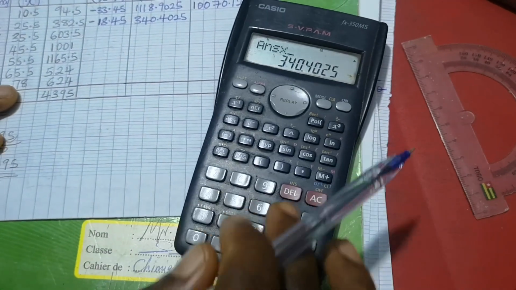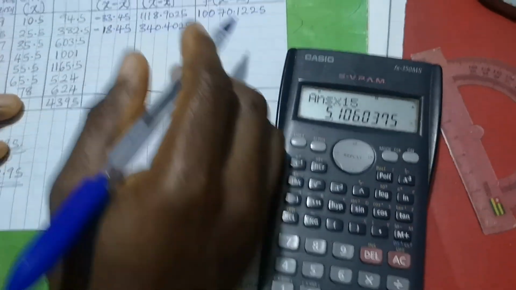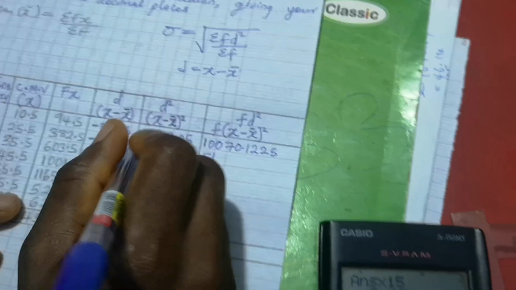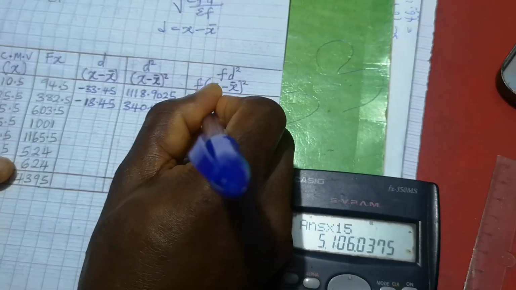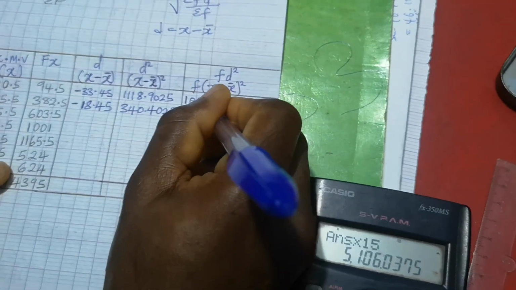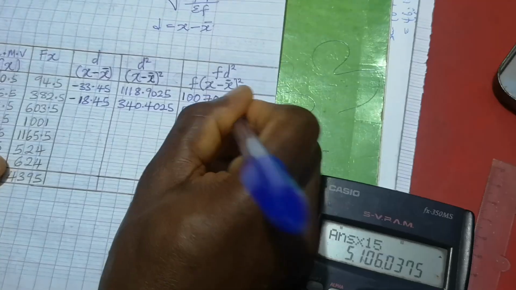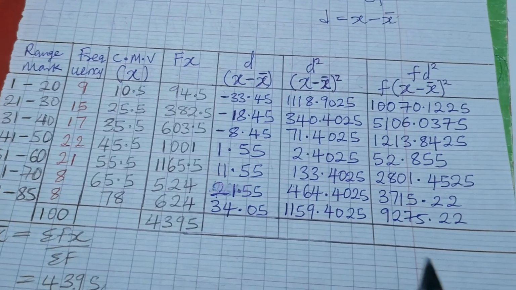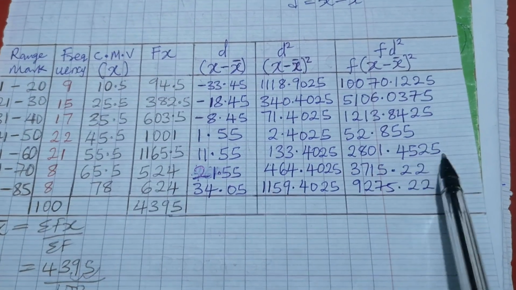So this times 15 will give me 5106.0375. Okay, so you see I have finished filling the table.